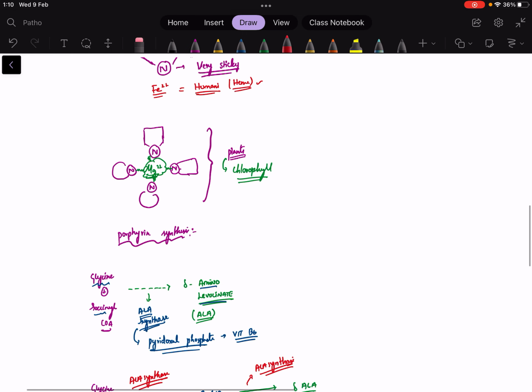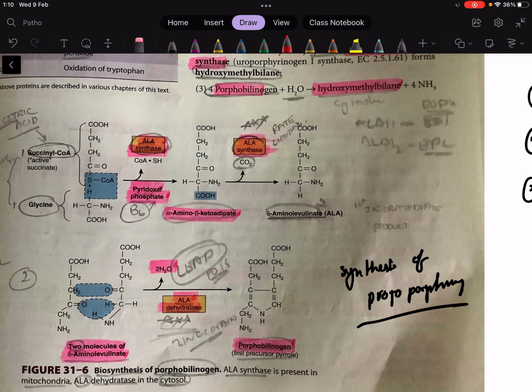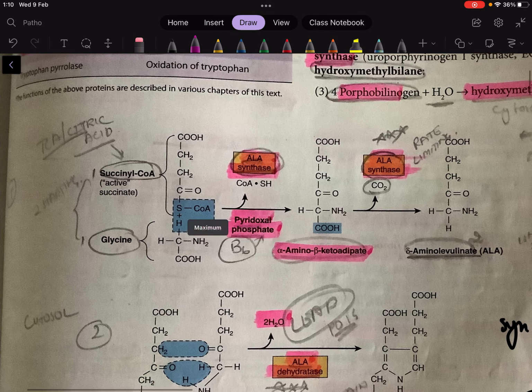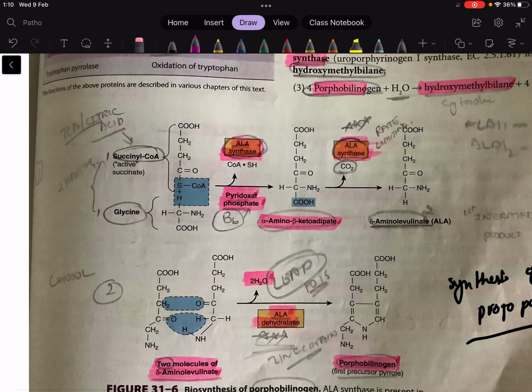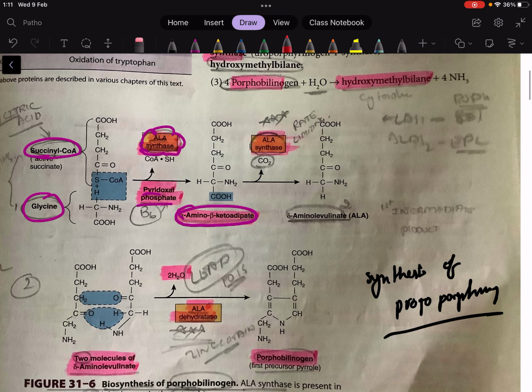Okay, so this is only the first part. I will describe that second part in my next video, because I want to keep the video as short as possible. So as you can see here, I will just show you the diagram which is given in your biochemistry. So here is succinyl CoA and glycine in the presence of ALA synthase and by the presence of vitamin B6, which is pyridoxal phosphate, gets converted into alpha amino beta keto adipate, and in the presence of ALA synthase again, it gets converted into delta amino levulinate, which is ALA.